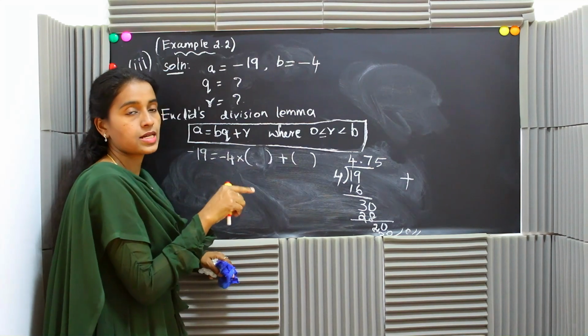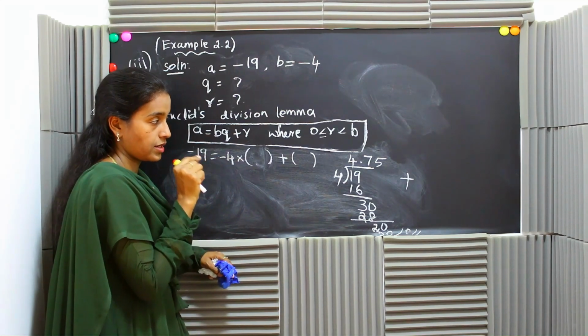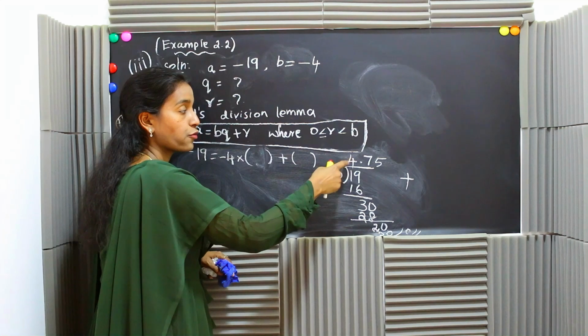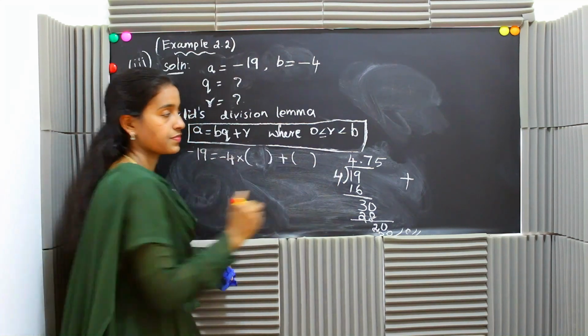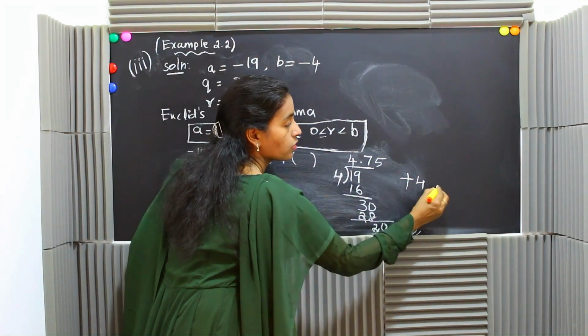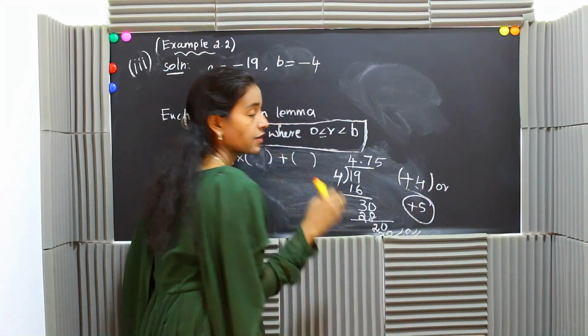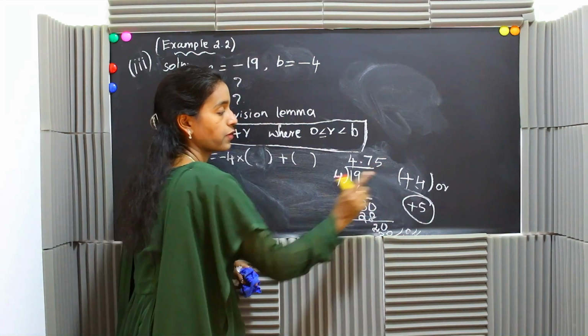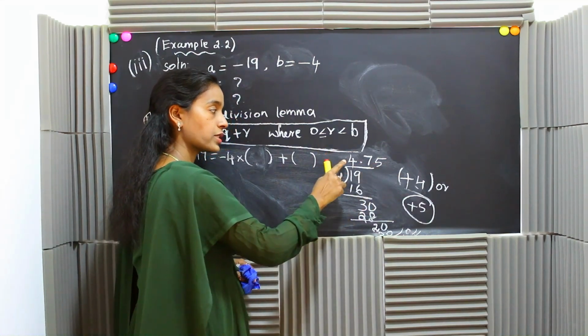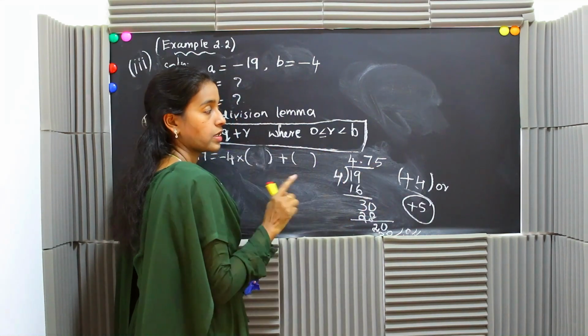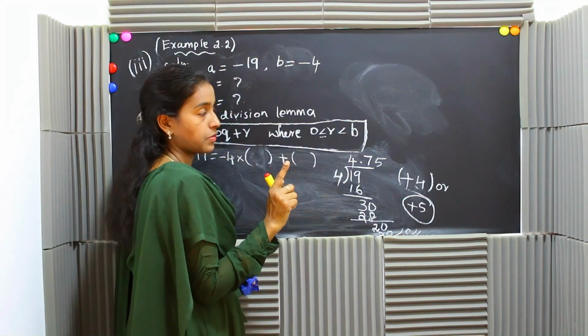In this case, I should take the quotient as either 4 or 5. I have two options, 4 or 5. Why? Because I should take only the whole number. I should not take the decimal number.